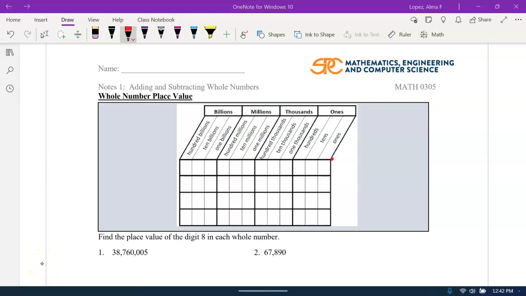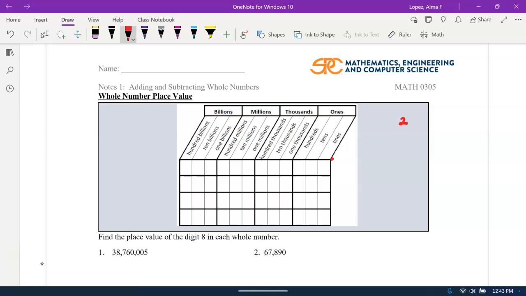In this video, we'll be adding and subtracting whole numbers, but we'll start off by talking about place value, whole number place value. If you have a single digit number like a 2, that is a 1's place value.